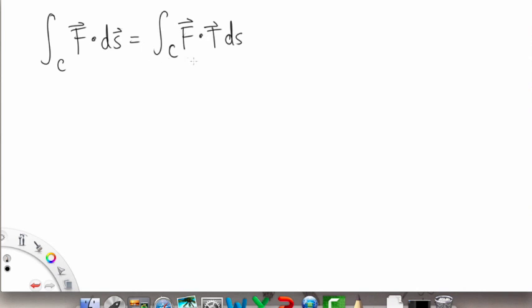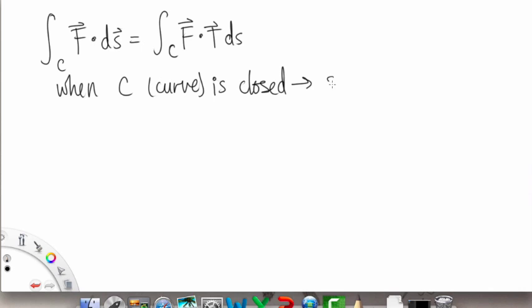But anyways, aside from that, there's a special term for when your curve is closed. Closed means when your start point is the same as your end point of your curve.